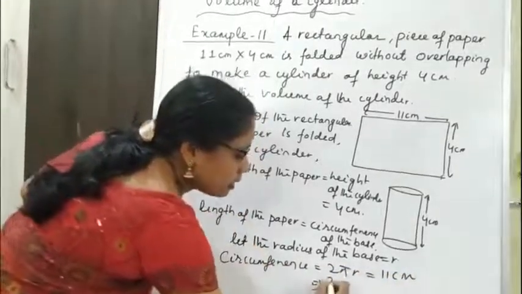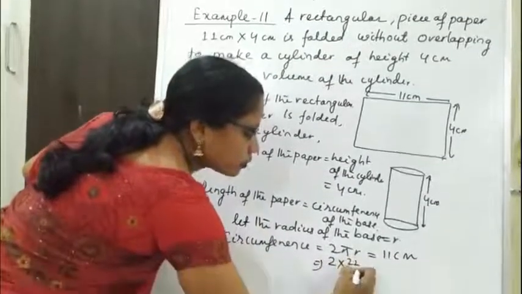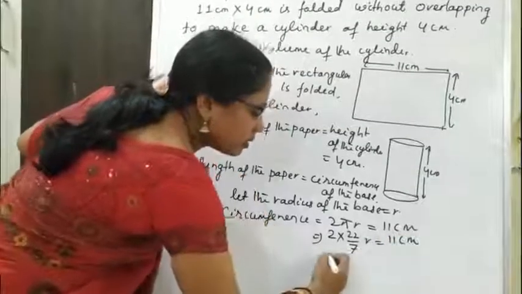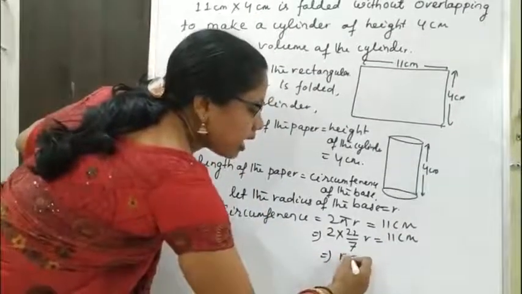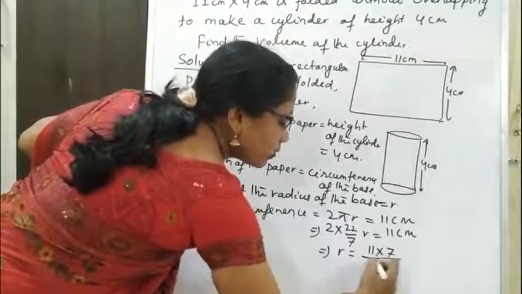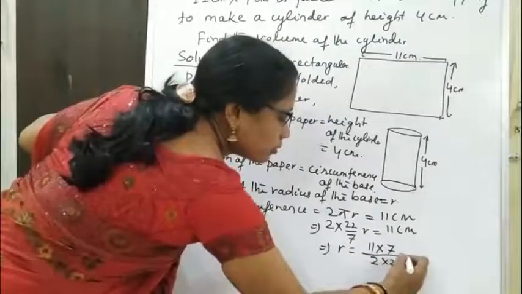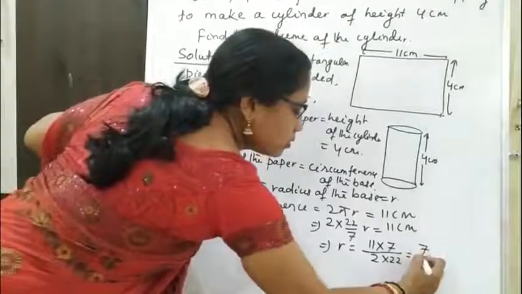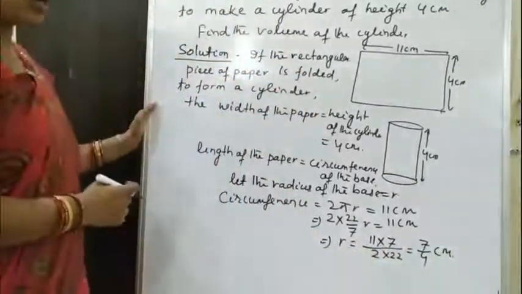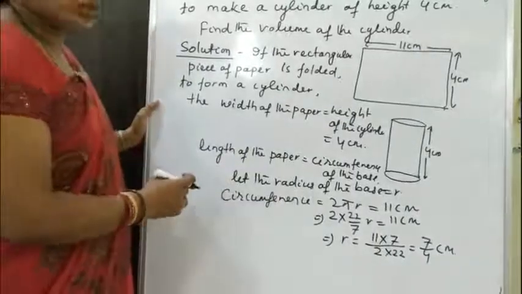So this implies 2 multiplied with 22 by 7 into R is equal to 11 centimeter. So this implies R is equal to 11 into 7 divided by 2 into 22. So this is equal to 7 by 4 centimeter. So R is equal to 7 by 4 centimeter.